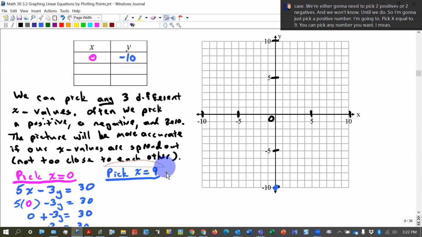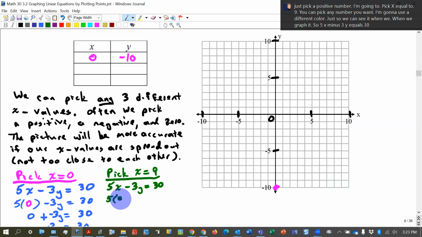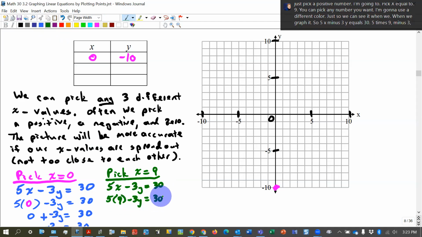I'm going to use a different color just so we can see it when we graph it. So 5x minus 3y equals 30. 5 times 9 minus 3y equals 30.